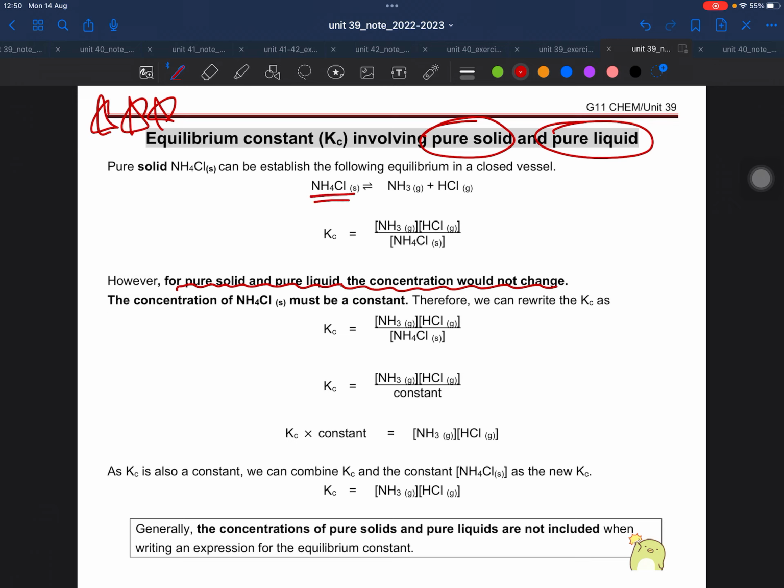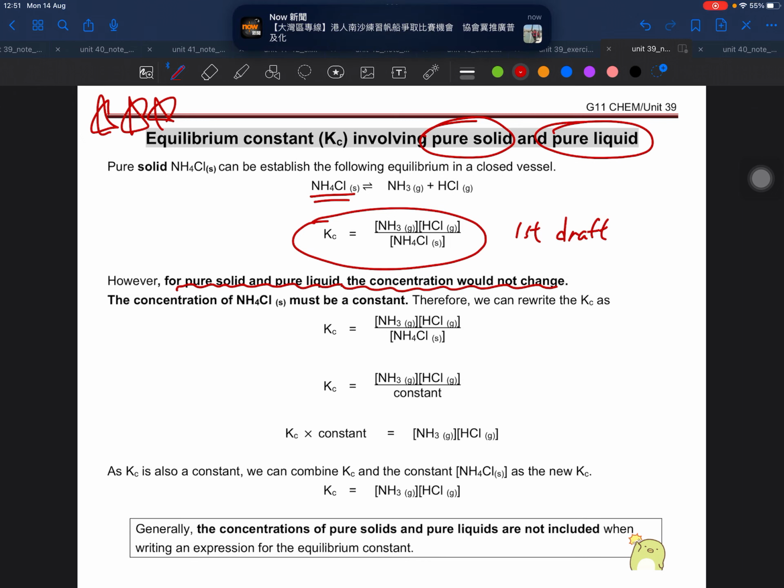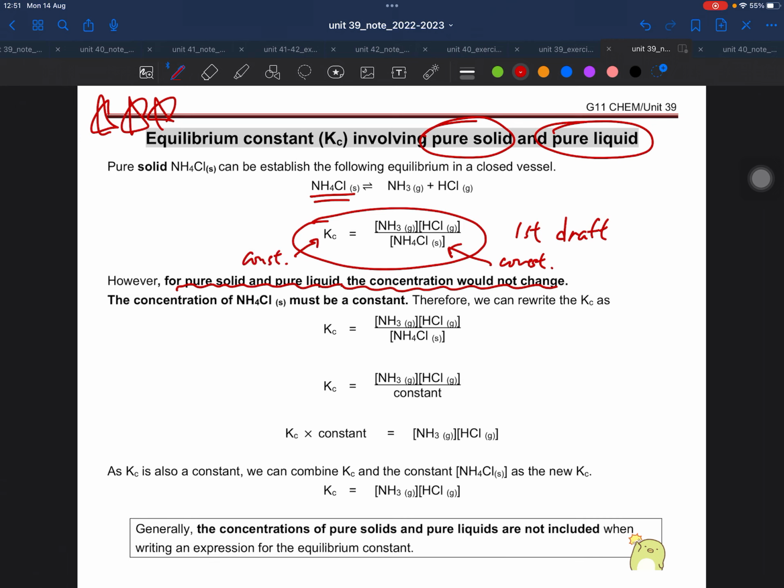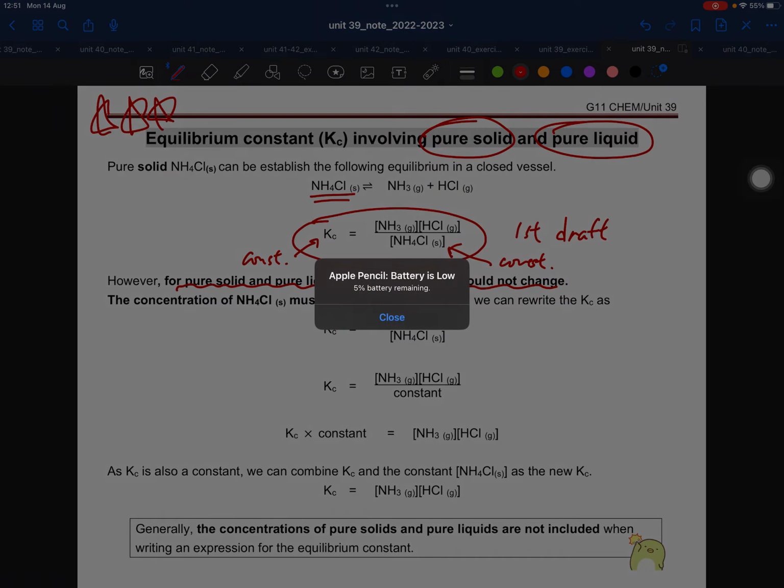So with this one, originally the Kc is this one. This is the first draft, right? But since this one is already a constant, and this one is a constant too, there is no point for us to put two constants here.